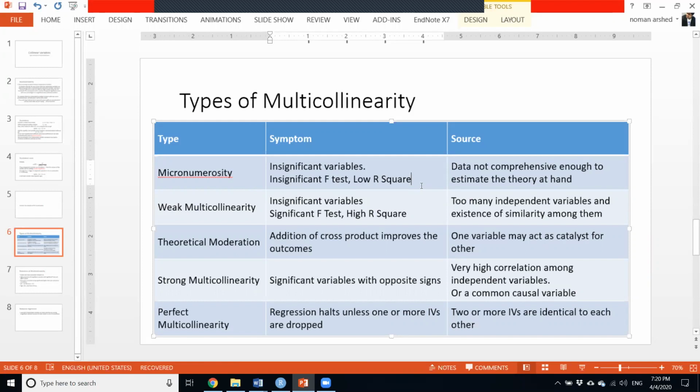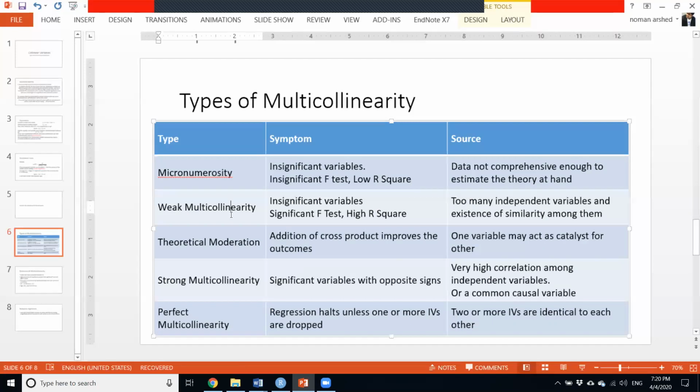So how will your model pick up the determinants of failure? It will explain the determinants of success, but it will not explain the determinants of failure. So this will lead to micronumerosity in terms of theory.